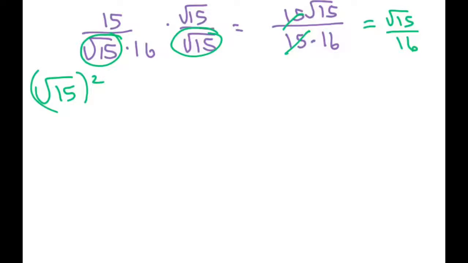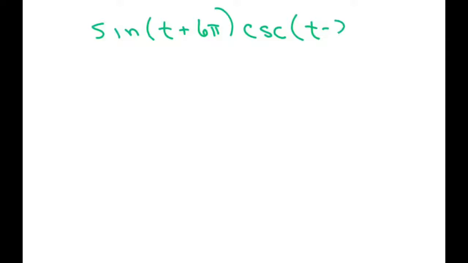Now, the other problem I had that I erased was sine of t plus 6 pi times cosecant of t minus 2 pi, and we're just simplifying this. So based on the first slide, since sine is periodic by 2 pi, I'm just going to write this as sine of t.